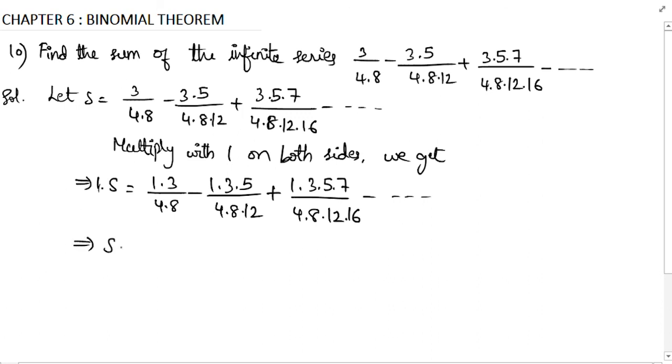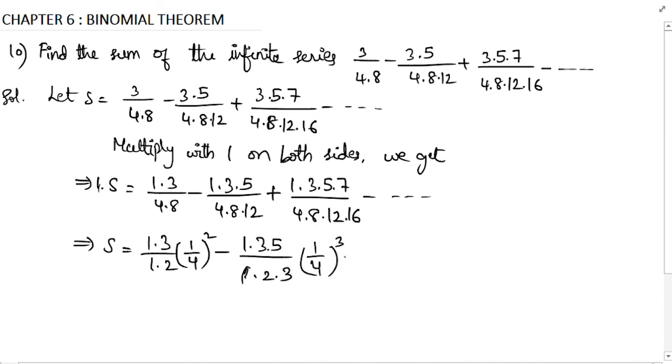So that means S is equal to 1 into 3 divided by 1 into 2 into (1 by 4) whole square, minus 1 into 3 into 5 divided by 1 into 2 into 3 into (1 by 4) whole cube, plus 1 into 3 into 5 into 7 divided by 1 into 2 into 3 into 4 into (1 by 4) whole power 4, minus so on.